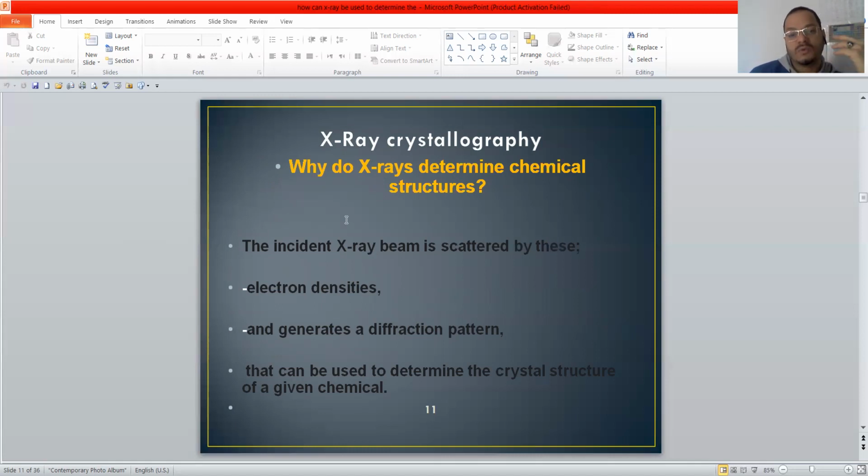That's why we have a scattered beam when we put this X-ray beam directly on the crystal structure, because of two things. First, electron densities, and second, it generates diffraction patterns that can be used to determine the crystal structure of a given chemical.